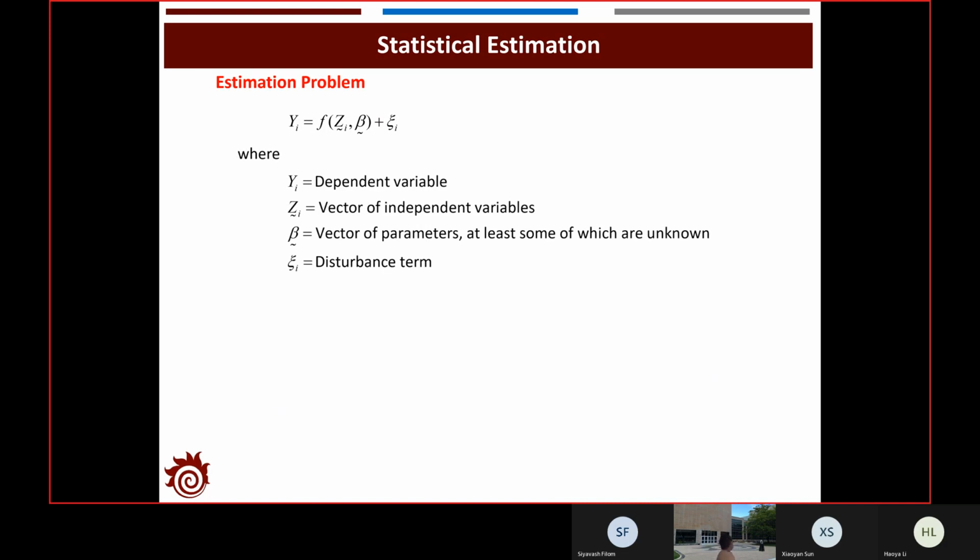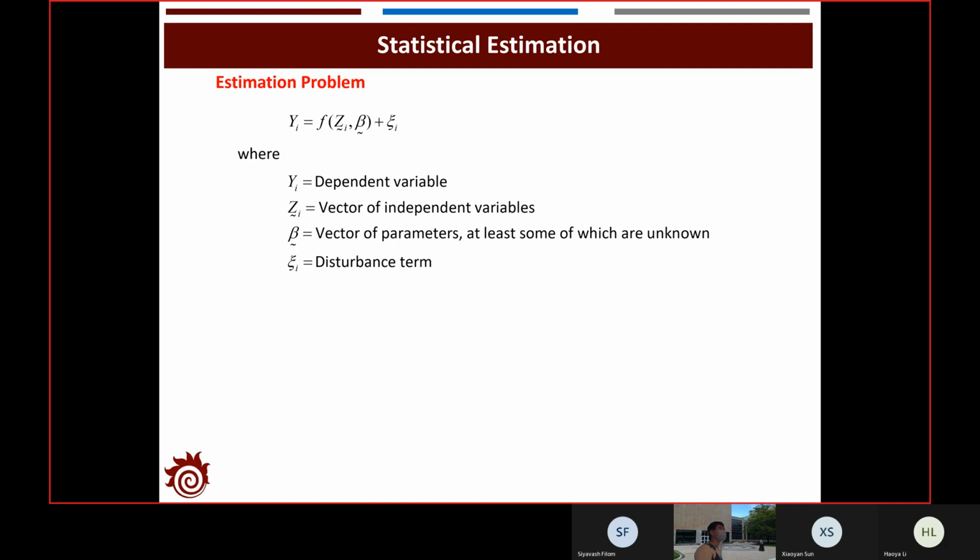So in this equation, y is the dependent variable, which would be the one we want to estimate. Z is the independent variable that we're going to observe, and beta is the coefficients, which would be the coefficients we want to calibrate. We're going to use some samples to calibrate the coefficients of the entire population.